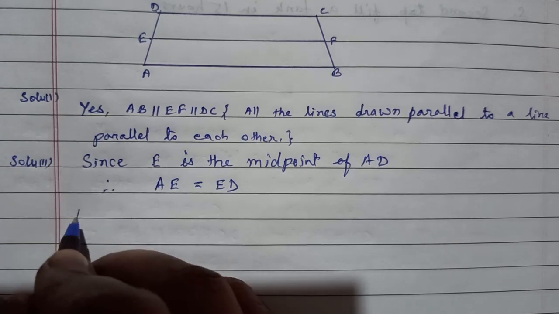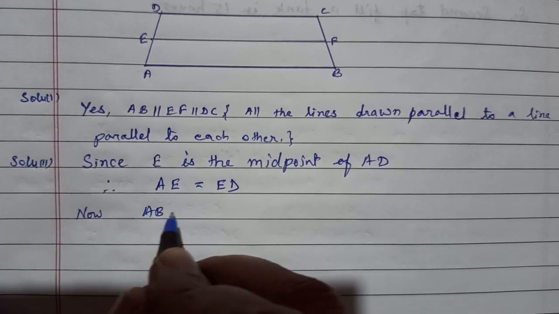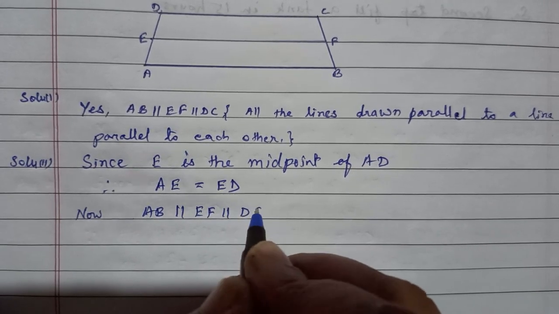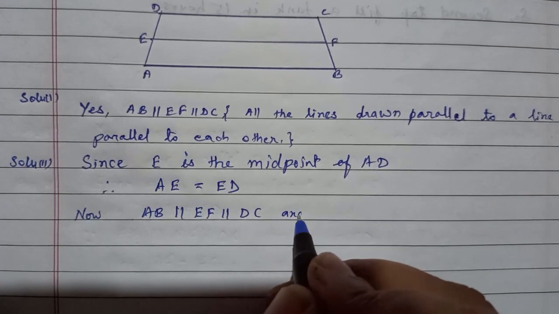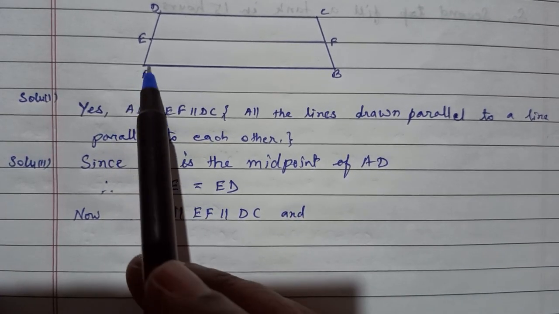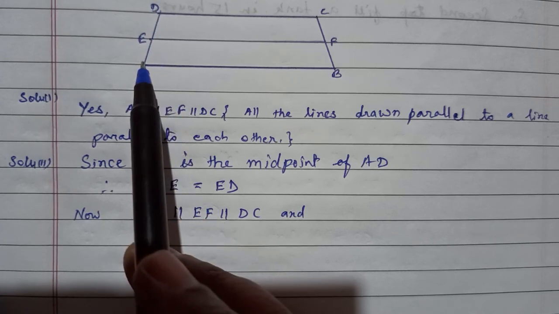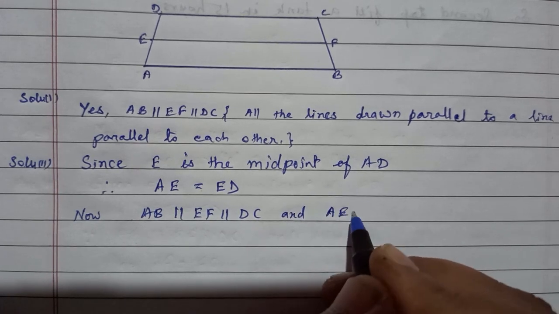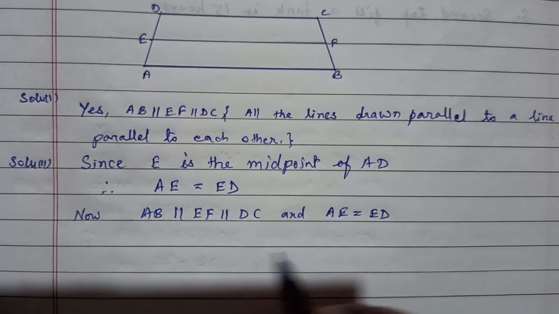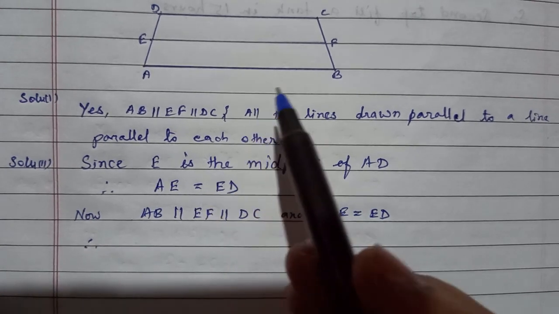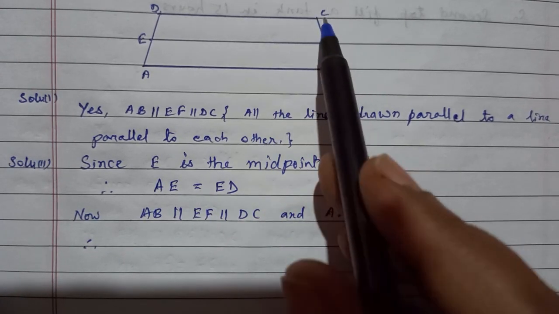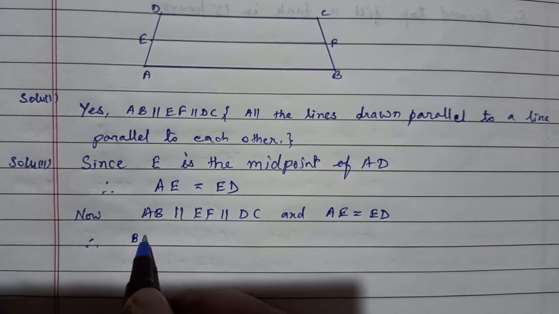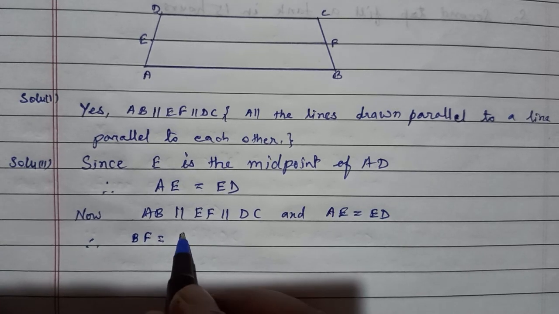Now AB is parallel to EF and parallel to DC, and transversal AD makes equal intercepts AE and ED. Therefore, the other transversal BC will also make equal intercepts, BF equal to FC.